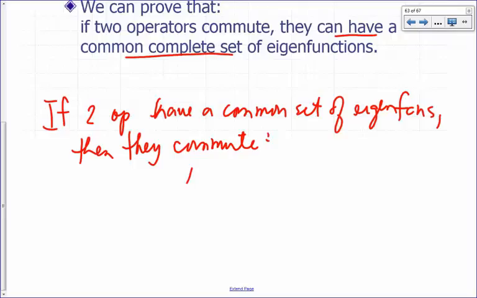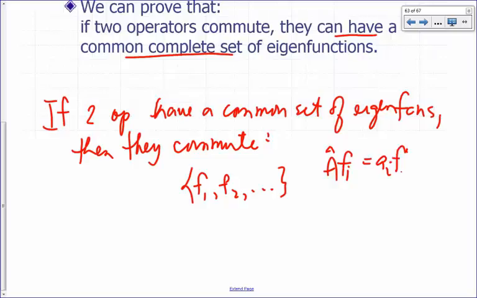So let's say F1, F2, and so on is a common set, so that A hat F sub I gives you back a constant A sub I times F sub I. So this says that the functions are eigenfunctions of the A operator.